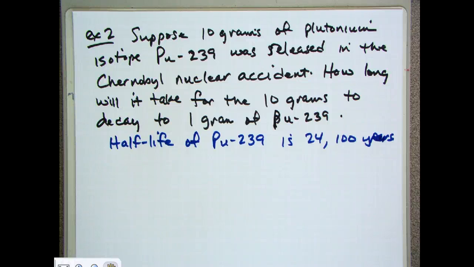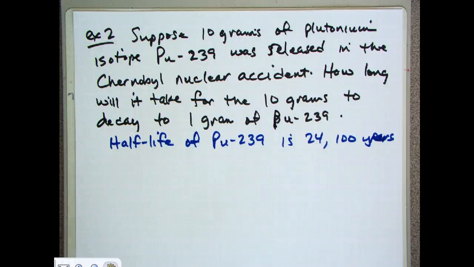In 24,100 years, that 10 grams will have dissipated into 5 grams. If we go another 24,100 years, that 5 grams will have dropped down to 2.5 grams. So in 48,200 years, the 10 grams would decay into 2.5 grams. It would take another 24,100 years for the 2.5 grams to decay into 1.25 grams, and so forth.